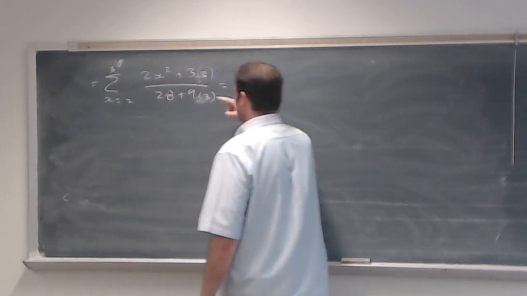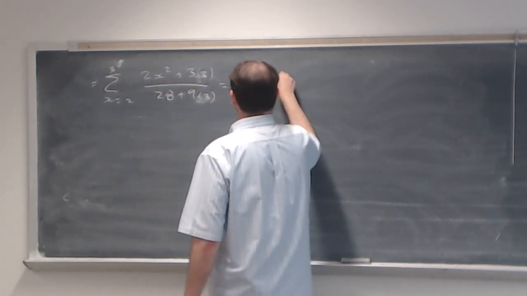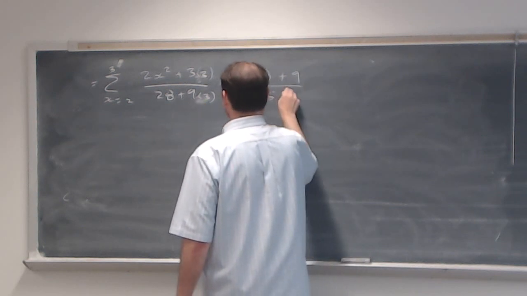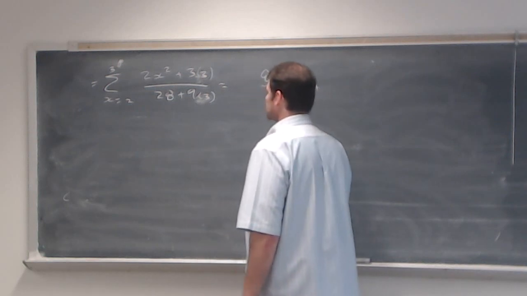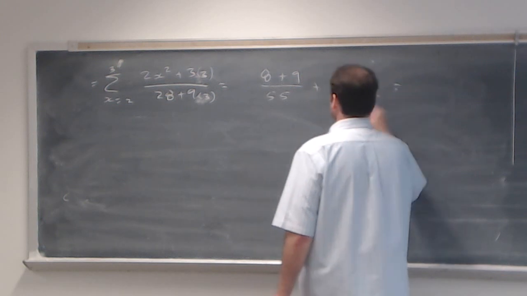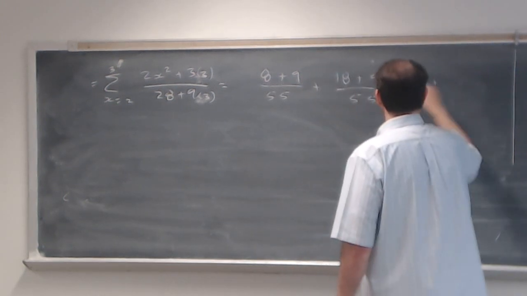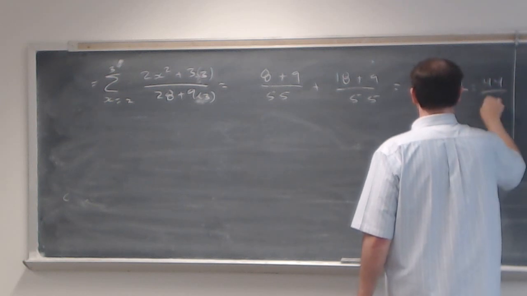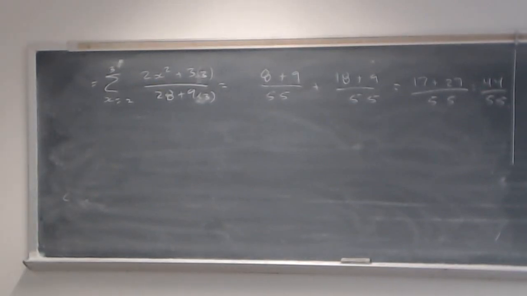And so here, when x is 2, we're going to get 8 plus 9 over, so this is 27, I think this is 55, plus, when x is 3, this is 18 plus 9 over 55. And so that's 17 plus 27 over 55, and that's 44 over 55. And you notice we're talking about probability, and the answer here is between 0 and 1. That's a good sign. Okay, so that concludes the example.